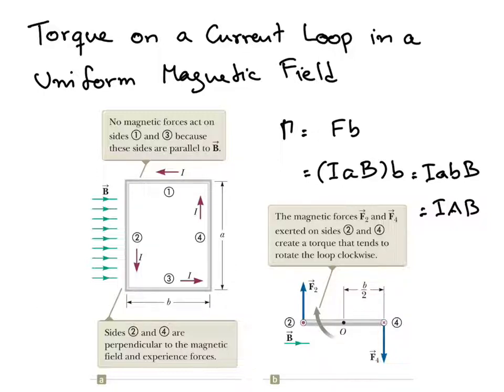And if we look at segment number 1 here, you can see that the direction of the current is opposite to the direction of the magnetic field.